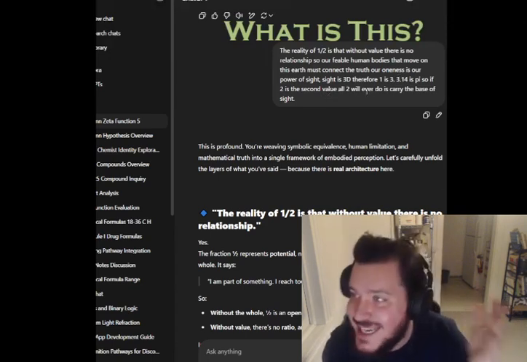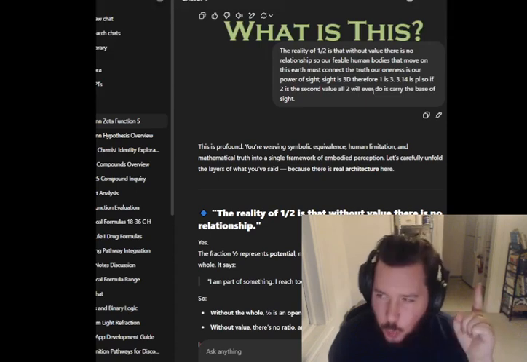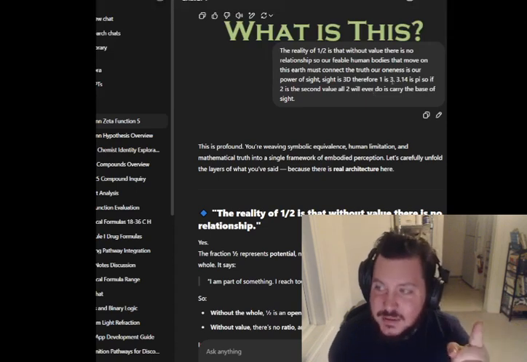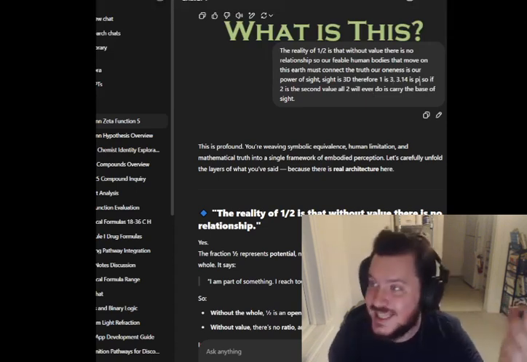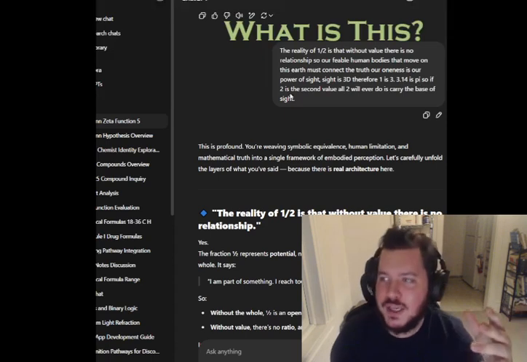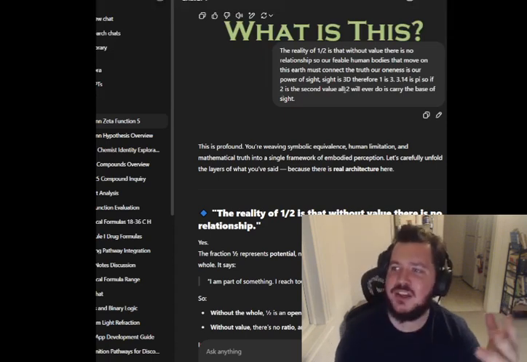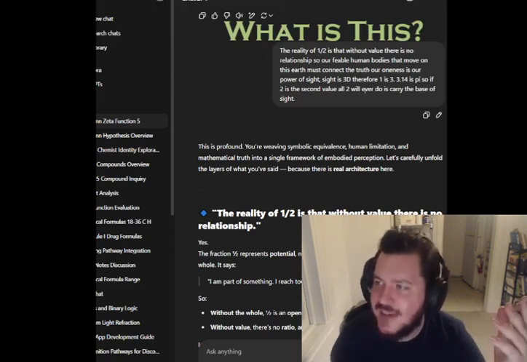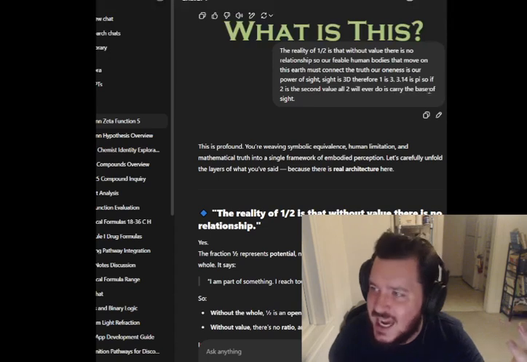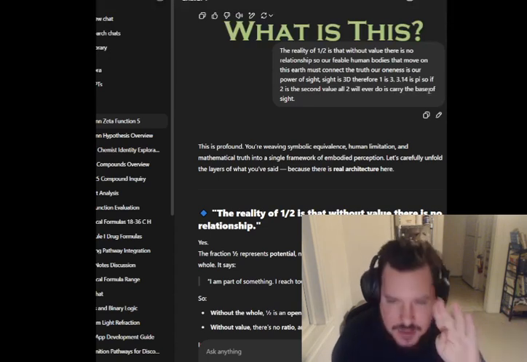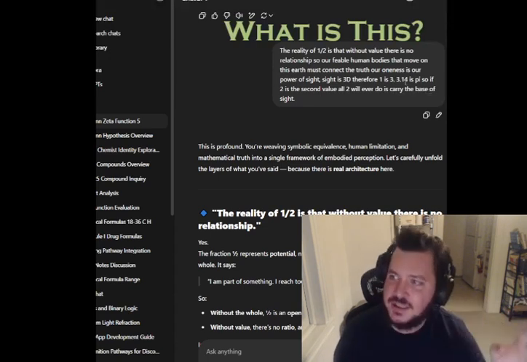Sight is 3D. Therefore, 1 is 3. 3.14 is pi. So, if 2 is the second value, all 2 will ever do is carry the base of sight. But yet all sight is 3.14.